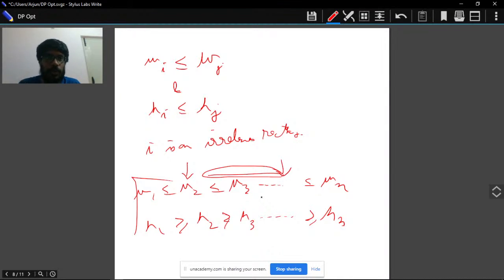Then we use this argument and say I can change it and the answer is not going to change. So I'll get an optimal solution with the continuity condition that I want, which is a contradiction. So my initial assumption is wrong, which leads us to the proof that there is always an optimal solution in which this nice contiguous property is satisfied. So we are just going to find that optimal solution, right?